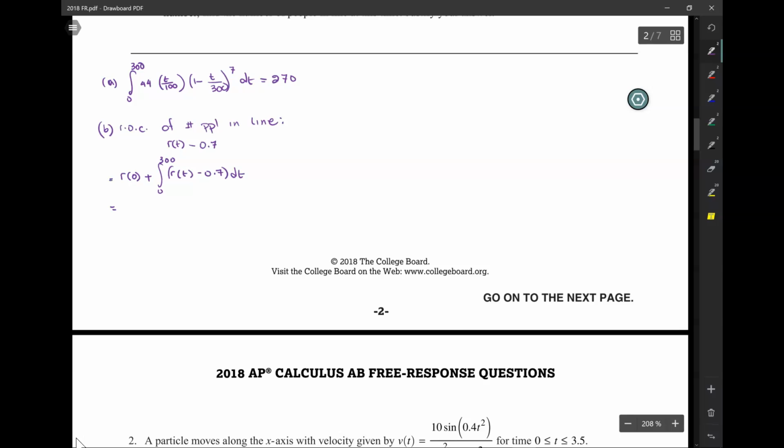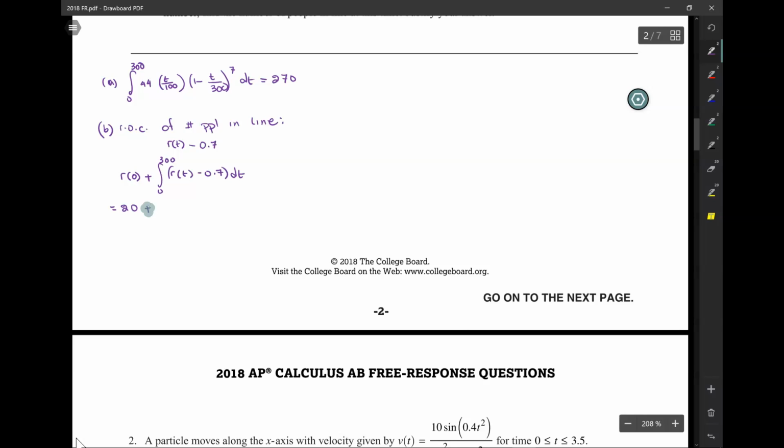This is equal to 20 plus, how much? Okay, so 20 plus 270 minus 4. How much is it? It's just complicated.